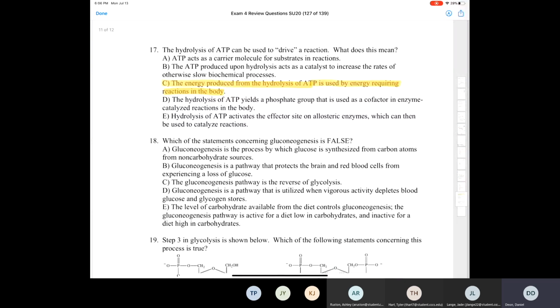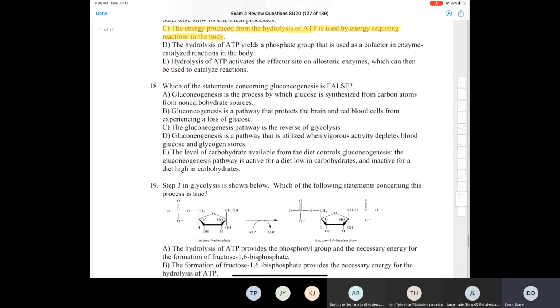Number 18, which of the statements concerning gluconeogenesis is false? Gluconeogenesis, what is gluconeogenesis? We think of glucose, new, genesis, making.